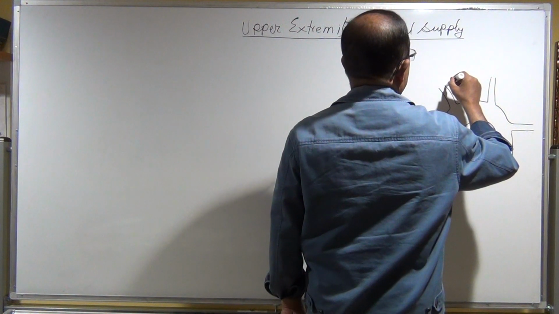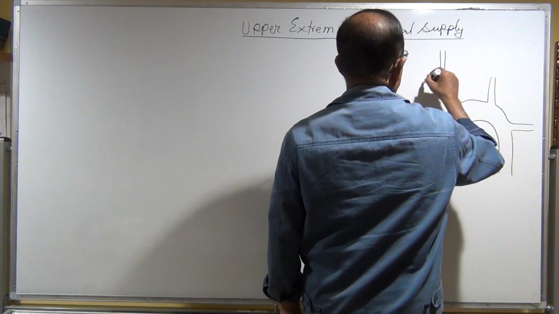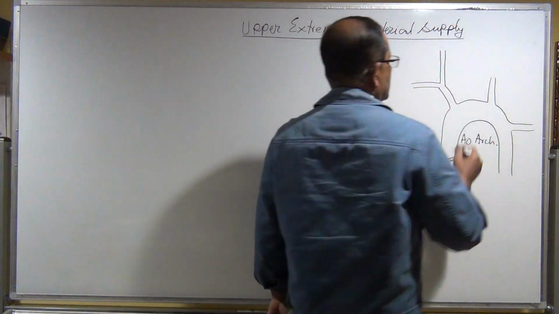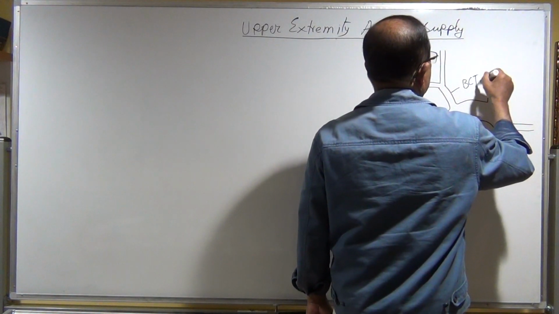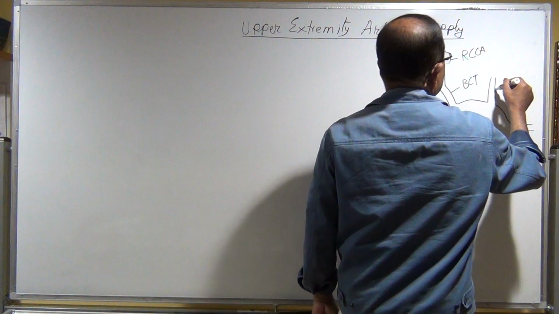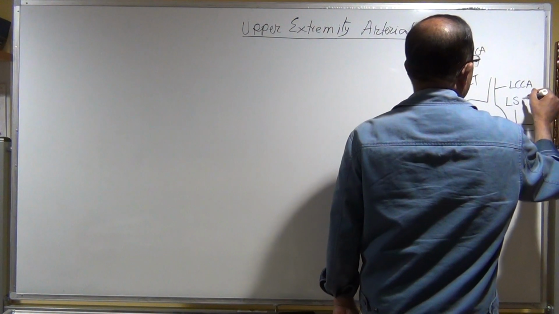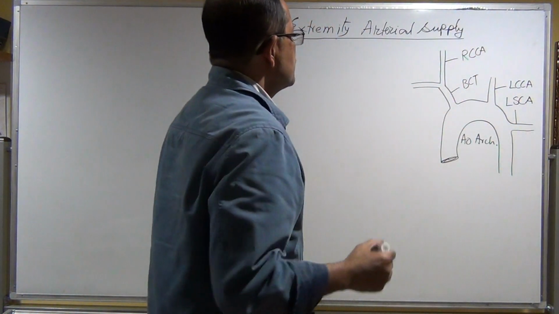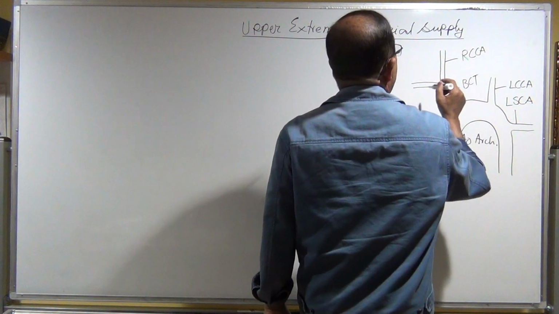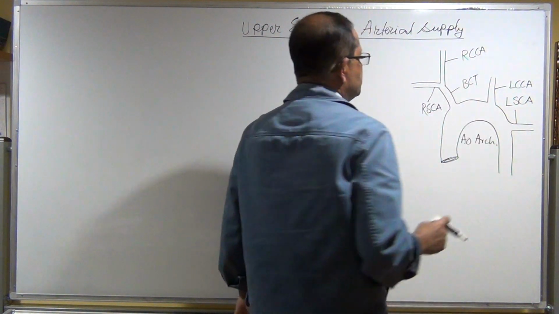The brachiocephalic trunk splits into two major branches. This is the right common carotid artery, this is the left common carotid artery, and this is the left subclavian artery. So the brachiocephalic trunk gives rise to the right common carotid artery and the right subclavian artery. So this is the right subclavian artery.